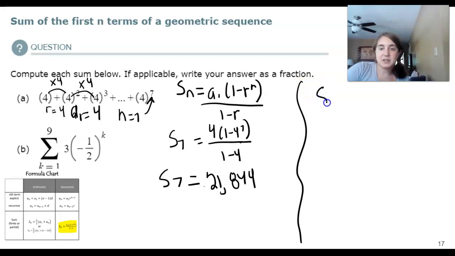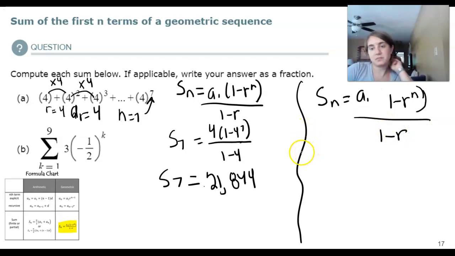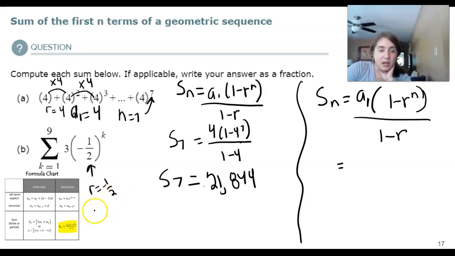If I did my second one, I'm still using A1, I need to find that. What would it look like if I put in the first term? I know my R is negative 1/2. I'm going to my 9th term.